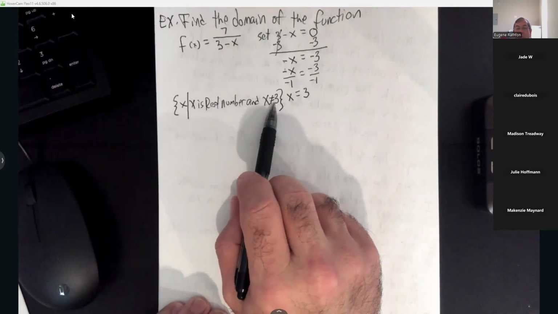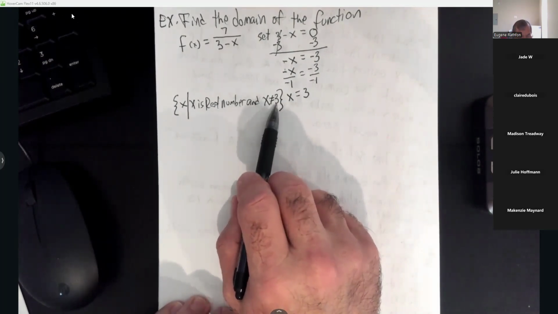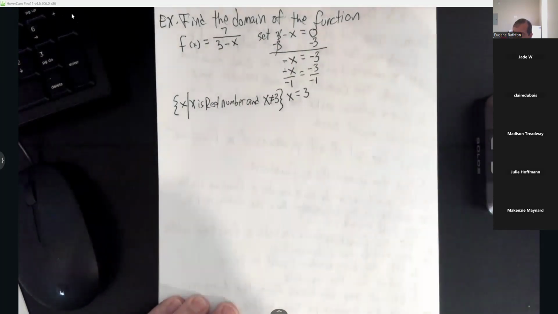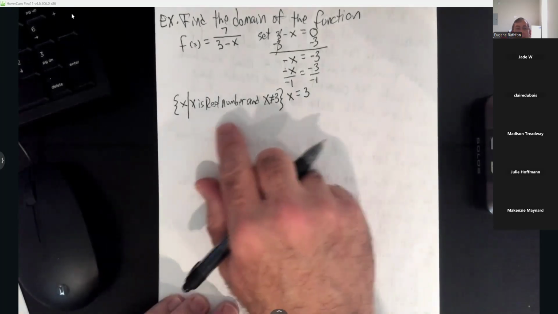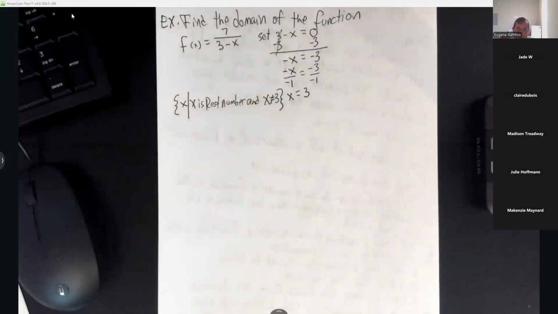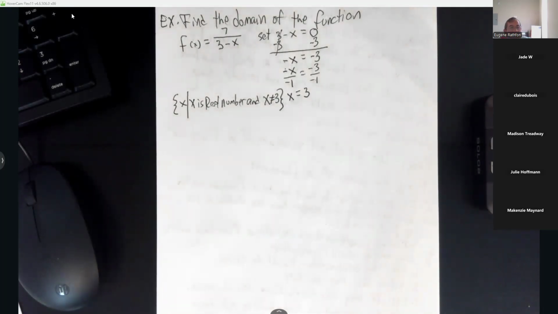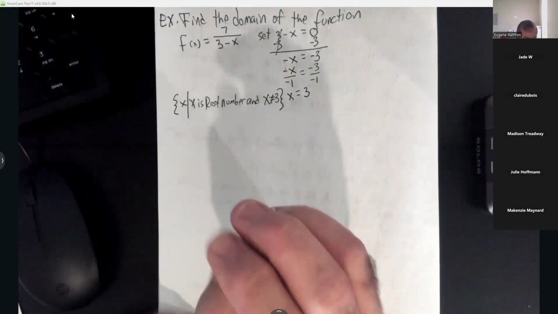If you exclude a number, just put that number in it and be done, okay? All right, so y'all got questions on these before we do these domains? All right, so y'all looking good, okay.